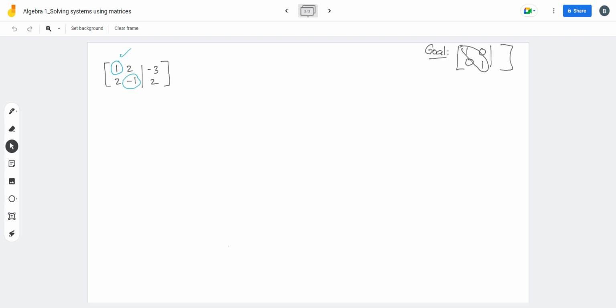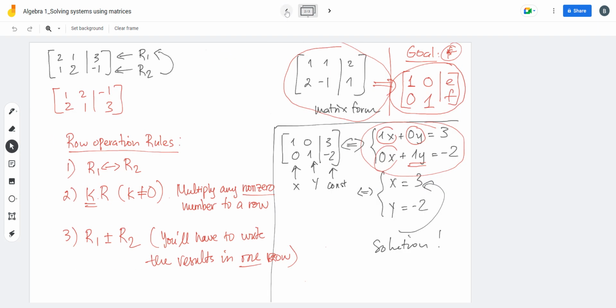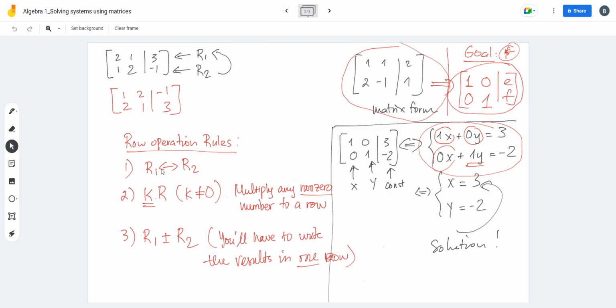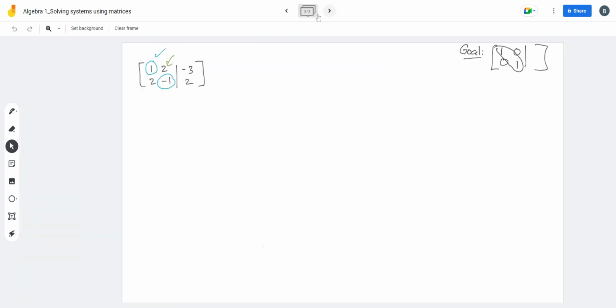That's completely fine. But let's take a look at this position. Now this position here is number 2, and I really want it to become 0. Think about this: how are you going to make this 0? Go back here. Do we use the interchange rule?